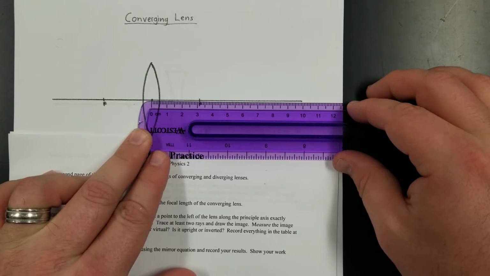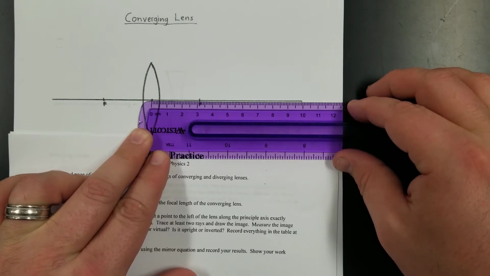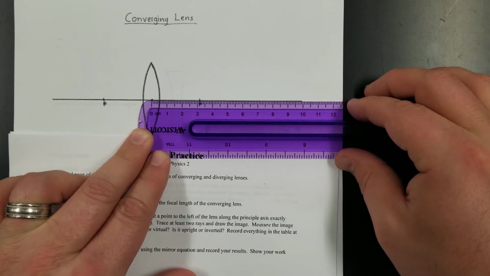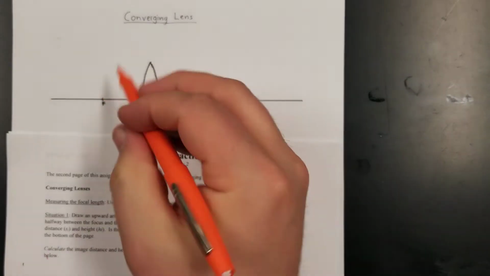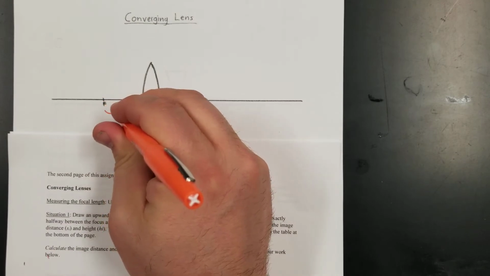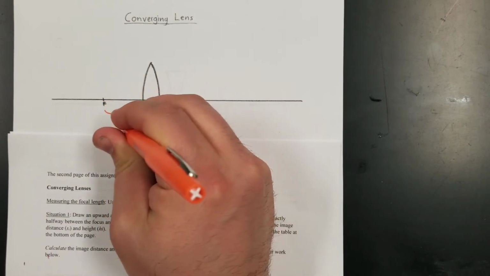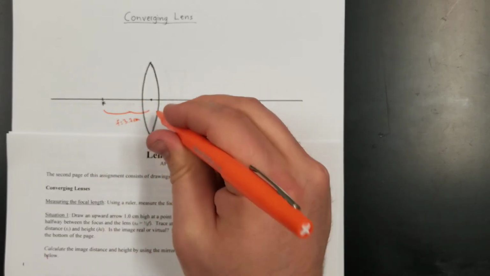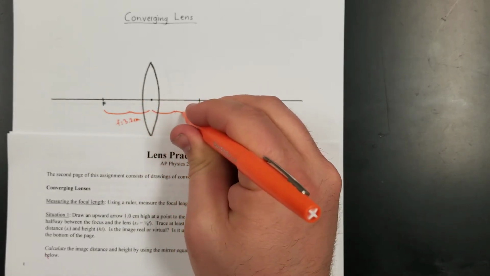The copy, scan, print process has changed my dimension, so we're going to use exactly what it says. I measure that to be 3.2 centimeters. So this distance right here, that's F, equal to 3.2 centimeters. That's the same as this distance right here.